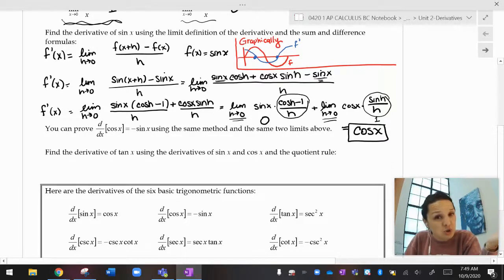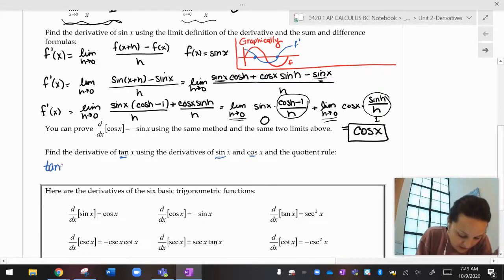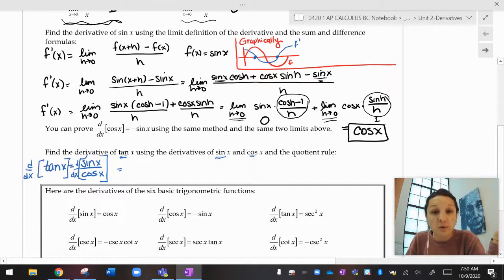Now, what about tangent? Well, if I want to find the derivative of tangent, I can use sine and cosine in the quotient rule, because tan x is equal to sine x over cosine x. That means the derivative of tan x is equal to the derivative of sine over cos. So now let's take the derivative of tan using the quotient rule.